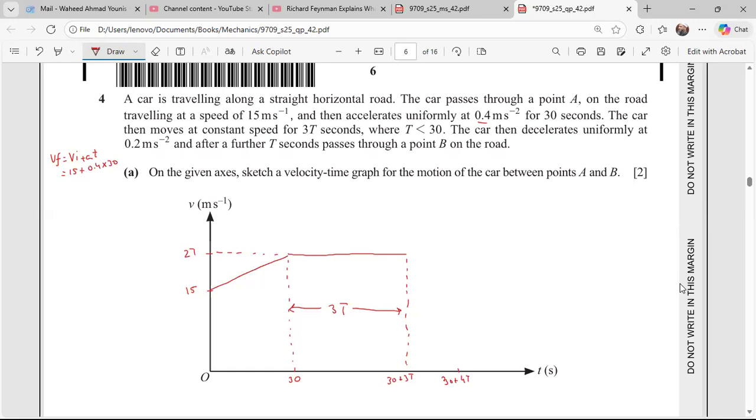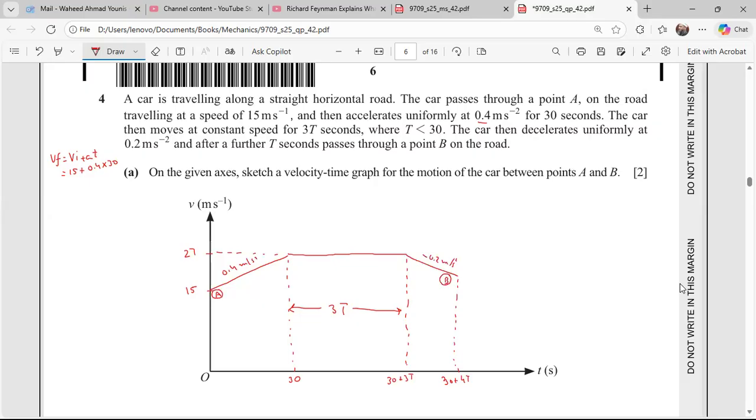Here the acceleration was 0.4 meter per second square, and here it is decelerating with 0.2, so this is minus 0.2 meter per second square. And this is where we have point B. So it started at point A and it reached point B.